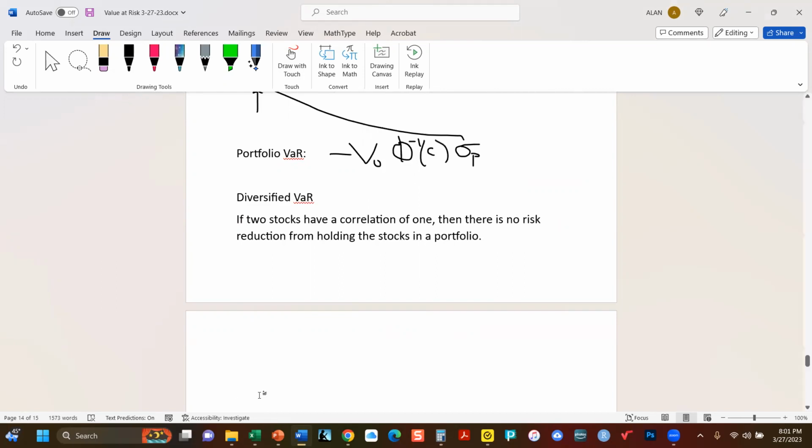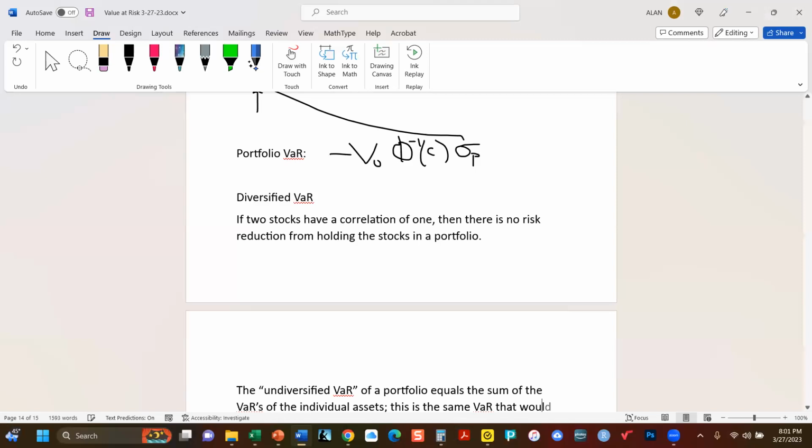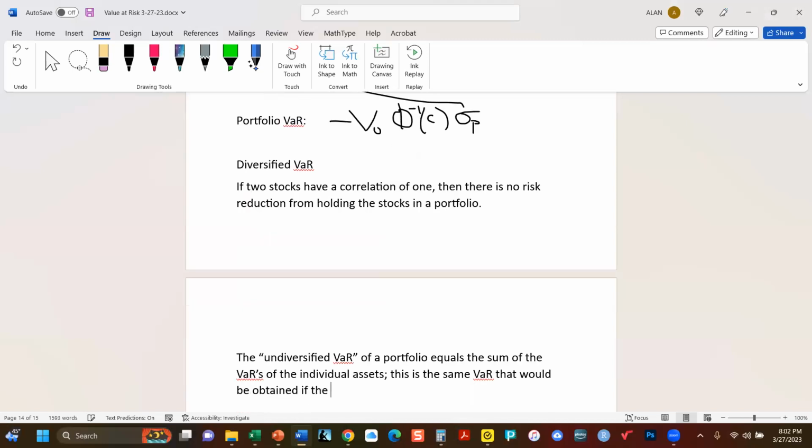So the undiversified VAR of a portfolio equals the sum of the VARs of the individual assets. This is the same VAR that would be obtained if the correlations between all assets are 1.